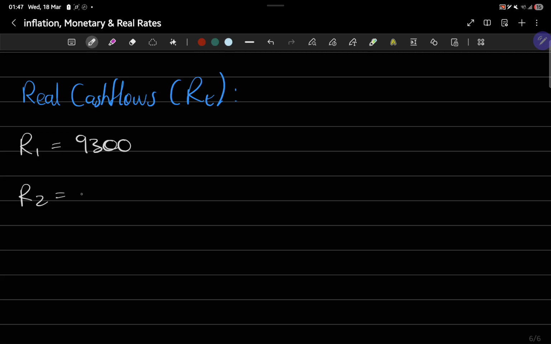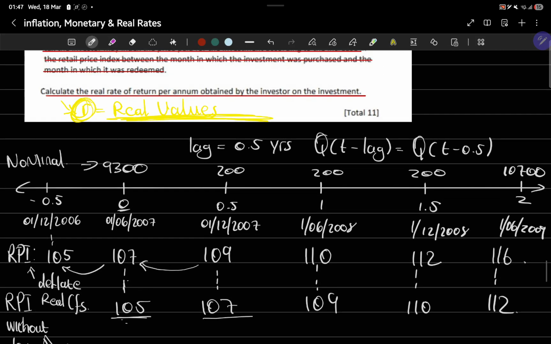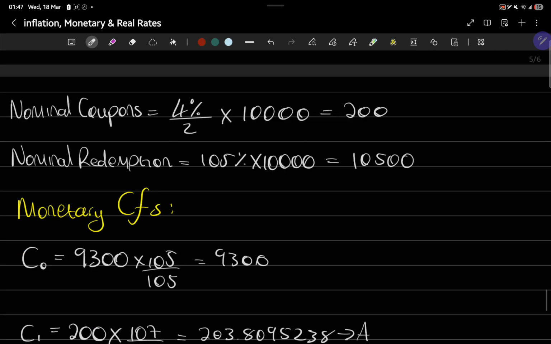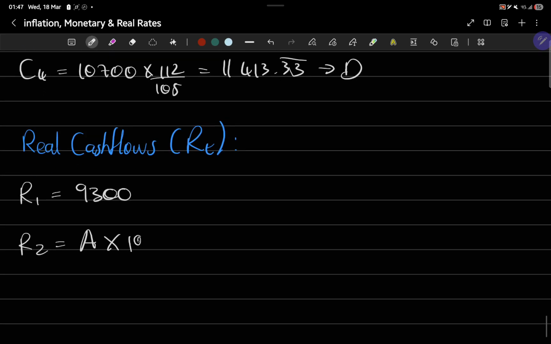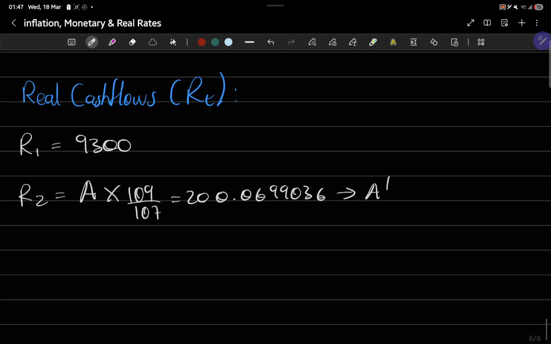The second real cash flow will be A, the monetary cash flow at time 0.5, times, and we use the ones with lag now, 109 over 107, to get 200.0699036, which I'll store as A prime. I'll store it on my calculator, and we do this for each and every one of the real cash flows.